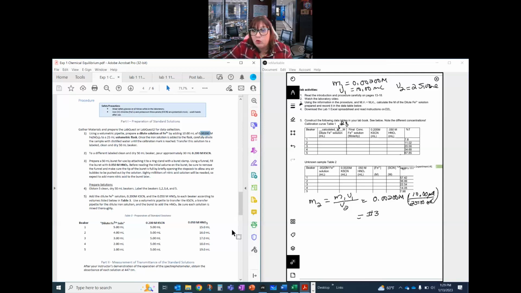Notice that there is a molarity given for the iron, the thiocyanate, and the HNO3 that you're going to be using to make your dilutions, or to make your solutions in the second part. So we want to know what the molarity of that Fe solution is when we take that volume, okay? So that's where that comes in. Now, are you required to include all of the rest of these calculated things?